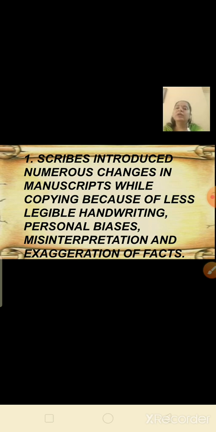Sometimes you cannot read your friend's handwriting and therefore you are forced to guess what the writing is or what the written content is. As a result, there are small but significant differences in the copy of your and your friend's work. Manuscript copying is somewhat similar.